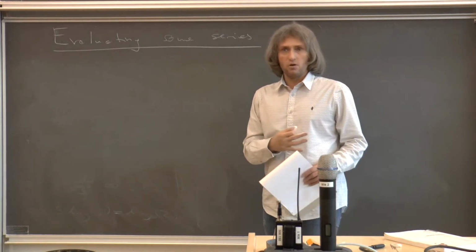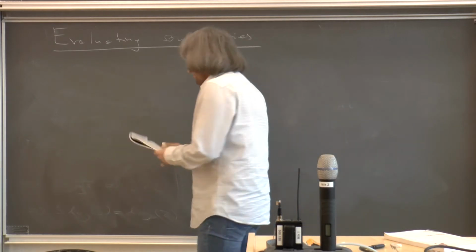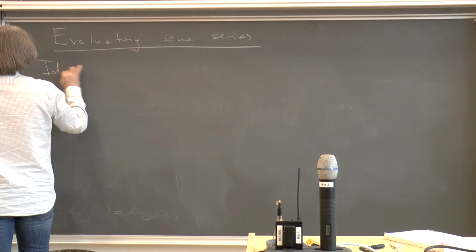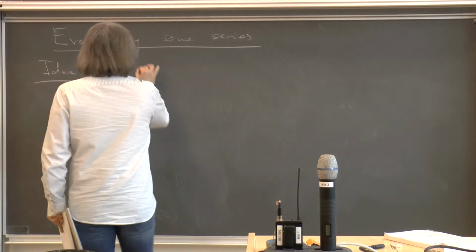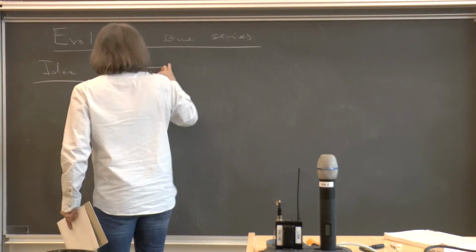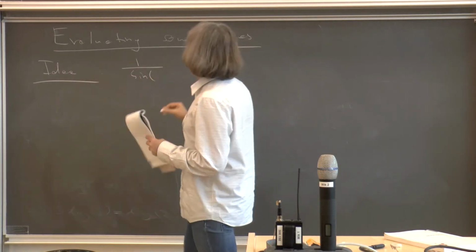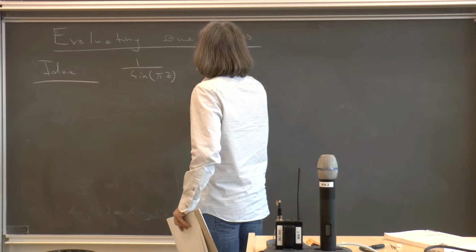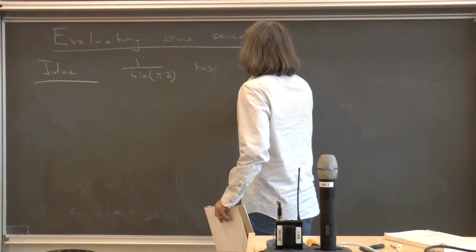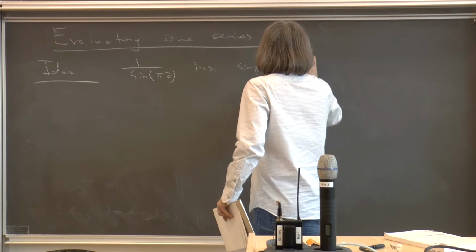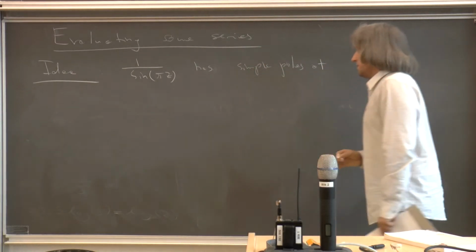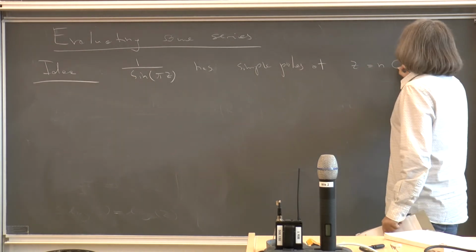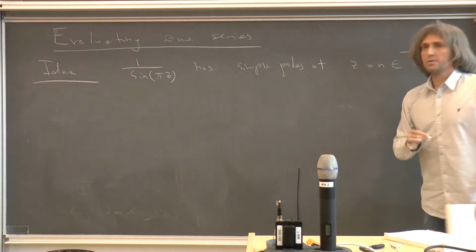Series are sums over integers, or maybe positive integers. So the main idea is that the function 1 over sine of pi z has simple poles at all z equal to n, which is an integer number.